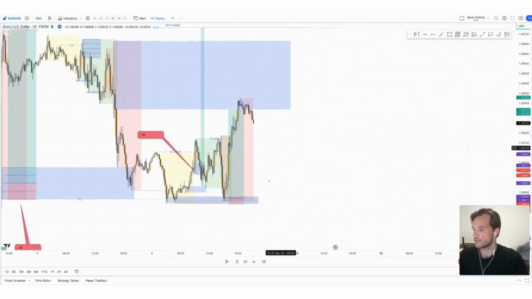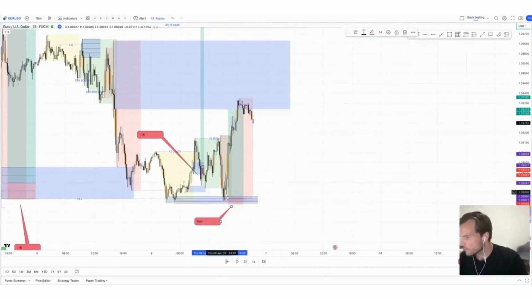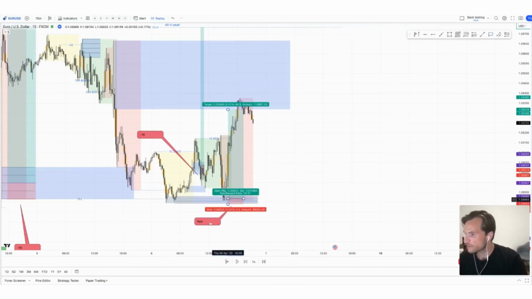I think Friday definitely was Easter, so I'll just mark this up. Oh, that was on the 2.5 as well. 14 or 13R. 19 on the 50%. Huge trade.